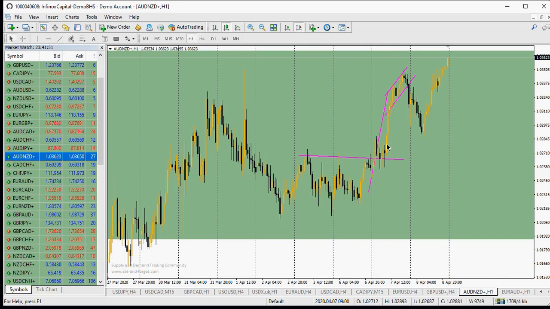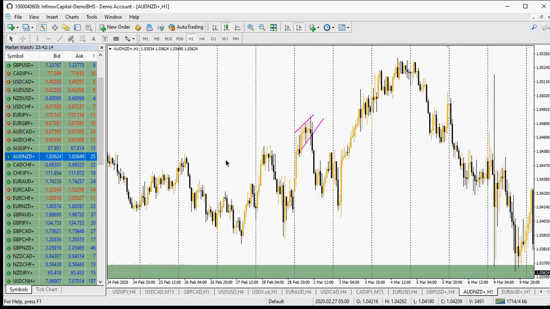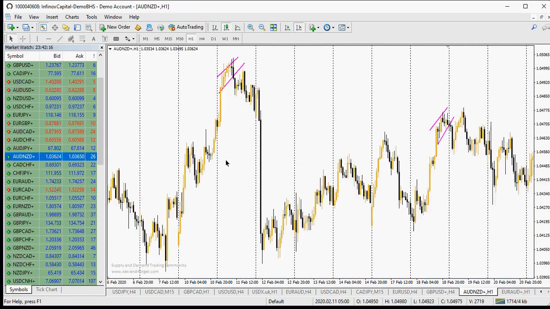Breakout, retest, you enter the trade around this place, and then you begin to see the market forming a rising wedge at the top. Then you will be ready to take out your buy, because it's going to drop anytime. And you see what happens? Market drops.